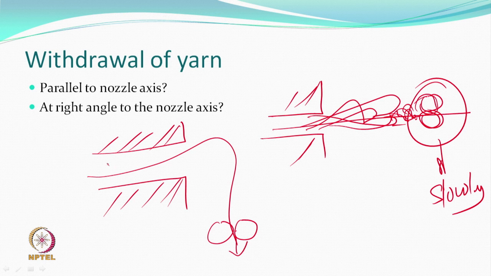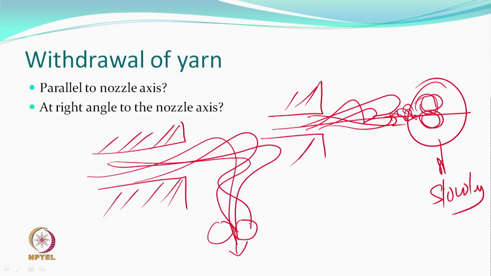What happens? This one goes like this, but still has to come back. Some migration may take place, this one goes like this and has to come back. This one goes up and has to come back. And obviously, remember this is happening in 3 dimensions. It is not that in 2 dimensions it is either here or there. The loop can form whichever way it forms.